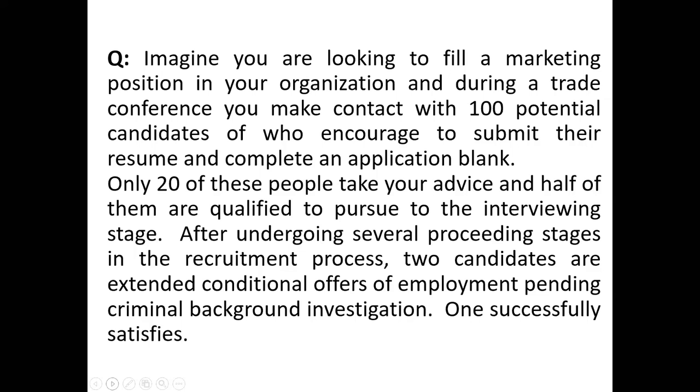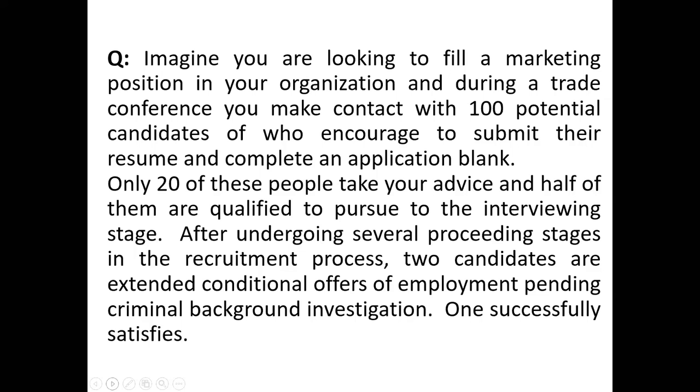You encourage all 100 of those candidates to please go online to the company's website, complete an application, and attach and submit a resume. Not everybody does, per your suggestion. In fact, only 20 people take your advice and do just that.